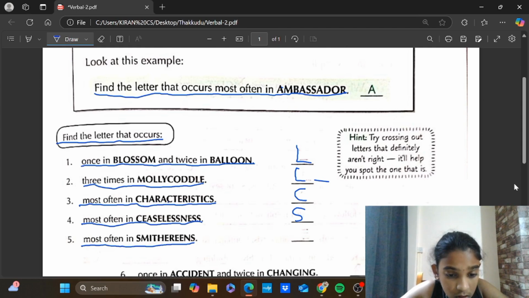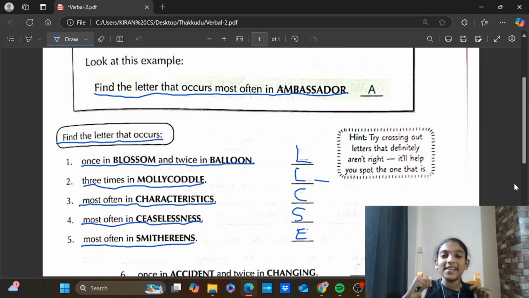There's no I. So let's move on to the next letter. One T here. No T's. H. No H. E. Oh, E comes most often. For number 5, the answer is E. Okay, so let's move on to the next question.